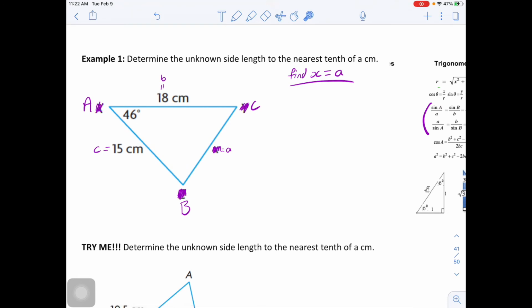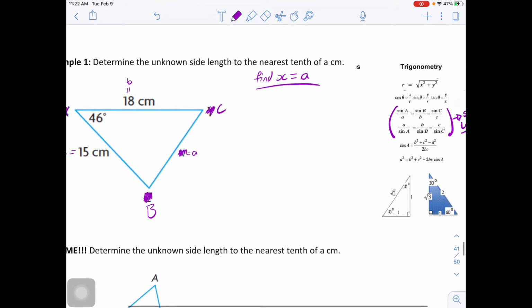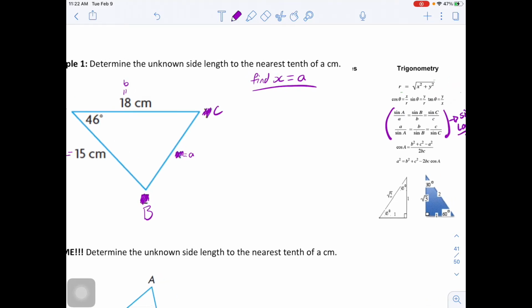Now, in order to use this, we are trying to solve for a side length. We know both other side lengths and we know the opposing angle. So therefore, we're going to use this cosine law. In this case, I've actually notated this one as A, which kind of works out. So now it's just a squared equals b squared plus c squared minus 2bc cos A.